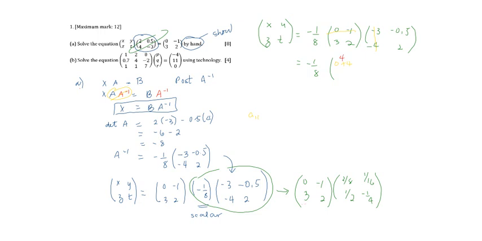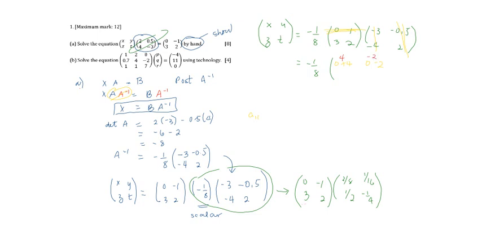For the next entry, it will be the first row and second column. So that gives us 0 times negative 0.5 is 0. Negative 1 times 2 is negative 2. Simplifying that is negative 2.